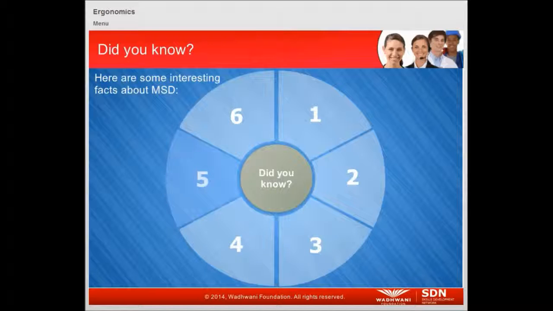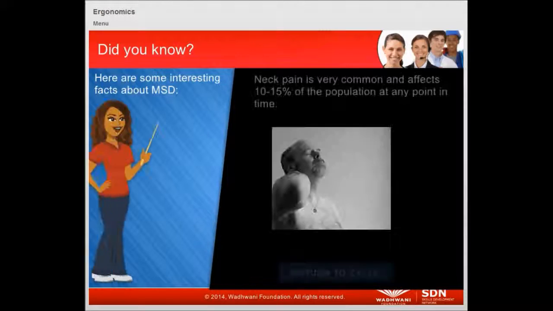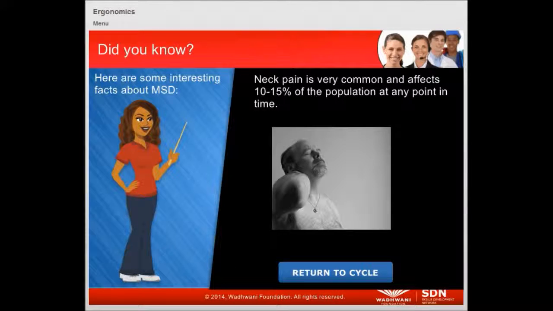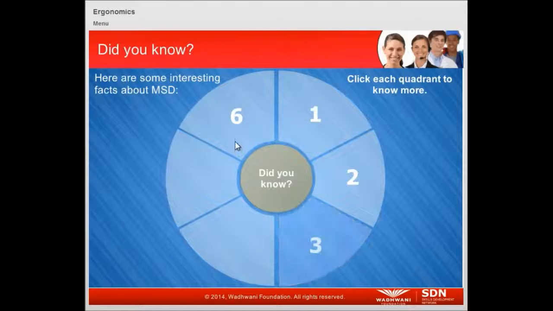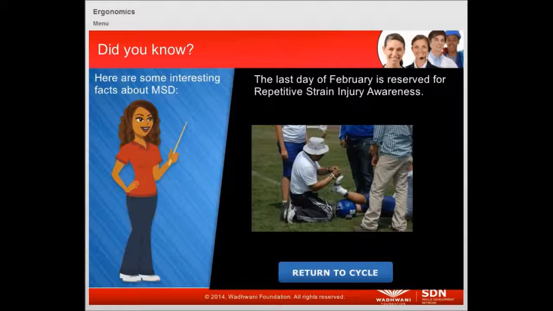Click each quadrant to know more. Neck pain is very common and affects 10 to 15% of the population at any point in time. The last day of February is reserved for repetitive strain injury awareness.